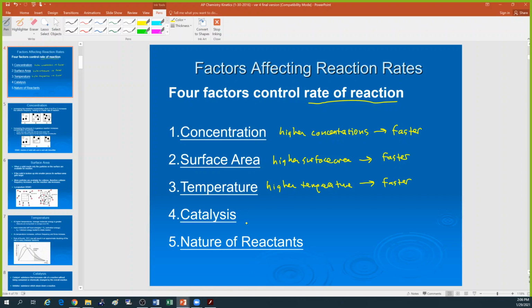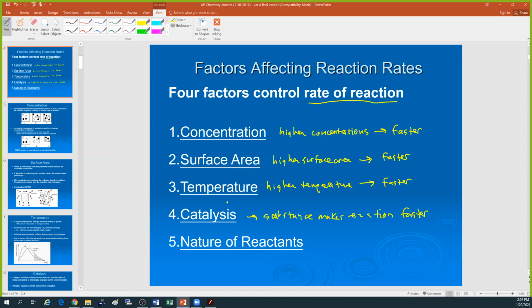Do you all know what a catalyst is back from biology or first year chem? It's a substance that makes a reaction go faster. Yeah. So by definition, its mere presence makes a reaction faster. And we'll get into how they work in detail.